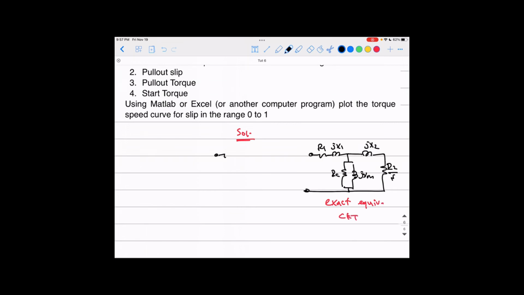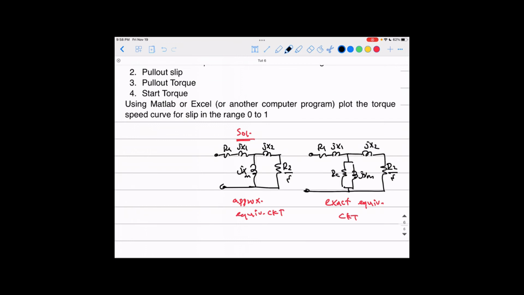And you have another one here which is R1, jX1, and just jXm, and then jX2 and R2 over s, and this is your approximate equivalent circuit, okay?